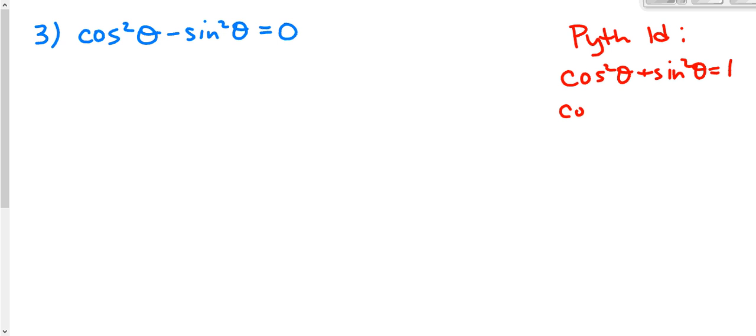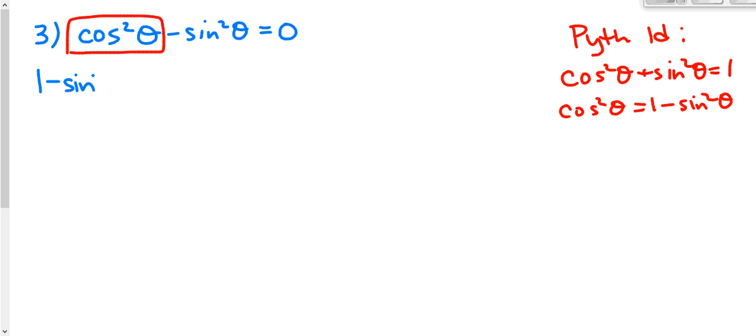So if you want to isolate cosine squared theta, you get cosine squared theta equals 1 minus sine squared theta. And you can substitute that into the equation for cosine squared theta. So we have 1 minus sine squared theta minus sine squared theta equals 0. Okay, so we have 1 minus 2 sine squared theta equals 0.